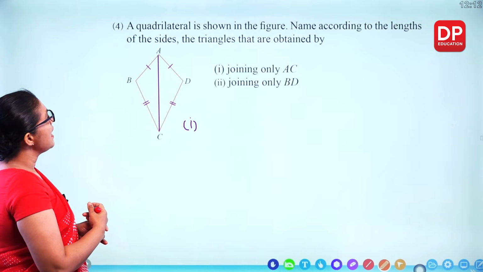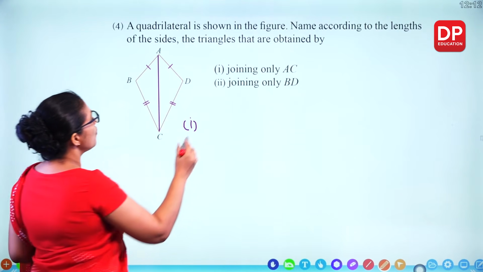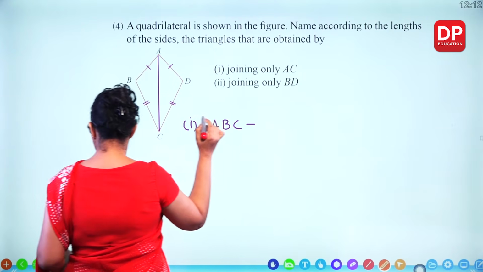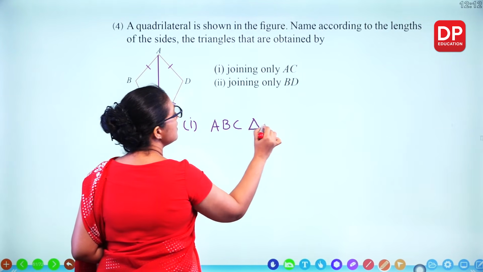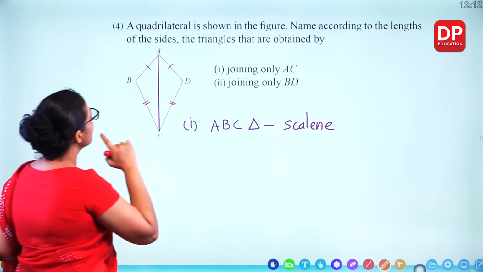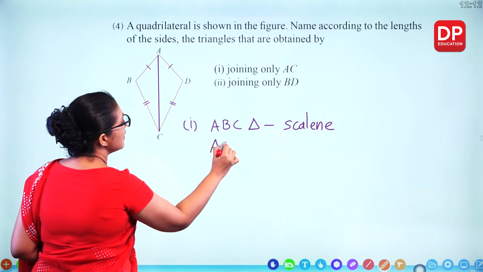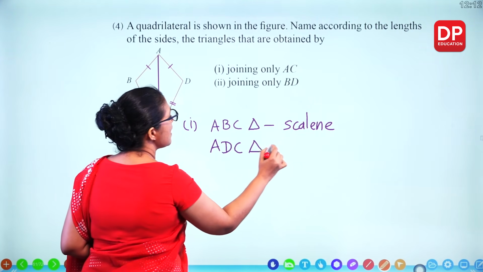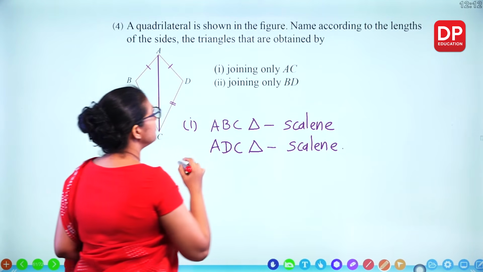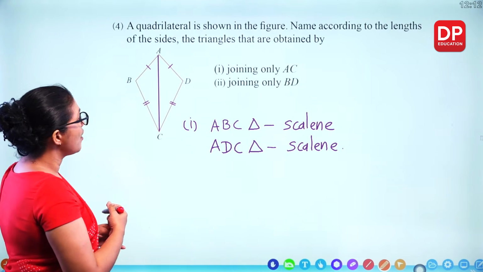AB, BC, AC, all are different. So ABC triangle is a scalene. Then when you take ADC, also all three lengths are different. Scalene triangle. Now those are the two triangles you are getting.